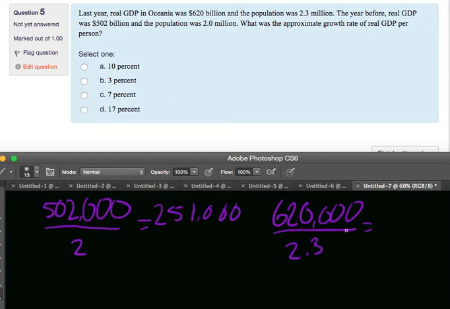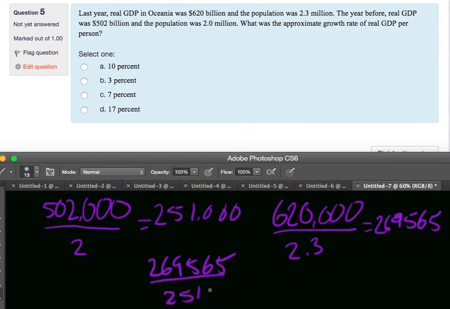Over the course of this time, I have 269,565. So here I would want to put 269,565 over 251,000 minus 1, times 100, to see how much this has changed over time. And if I do this, I get 7.4%.